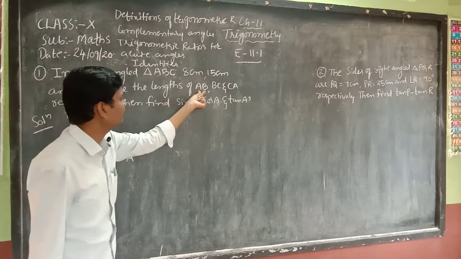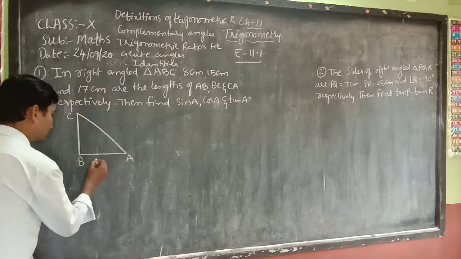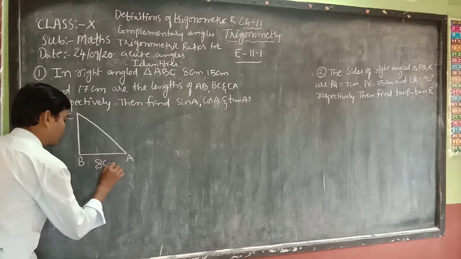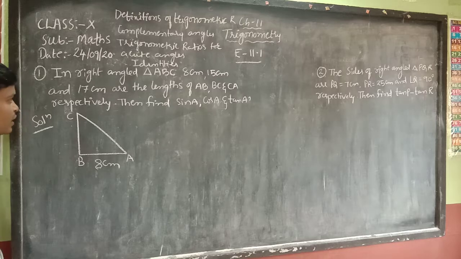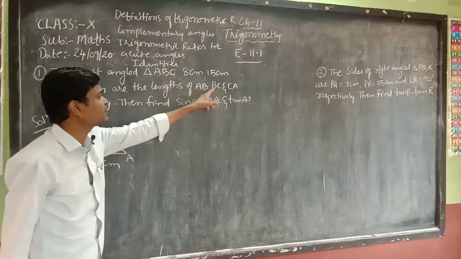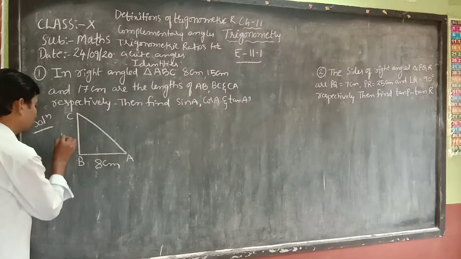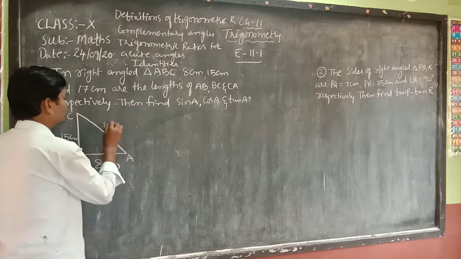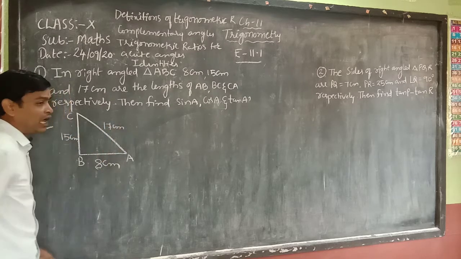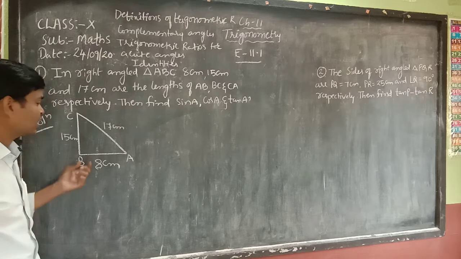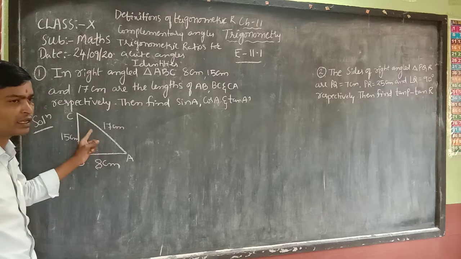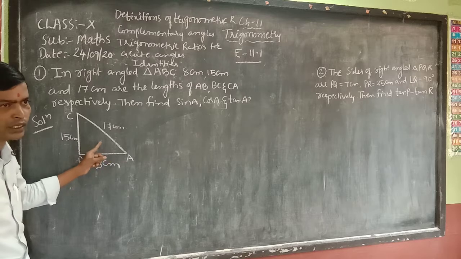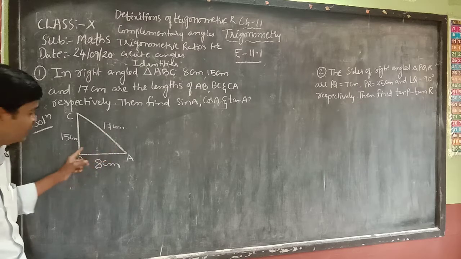What is the length of AB? 8 centimeters. So AB is 8 centimeters and BC is 15 centimeters and CA is 17 centimeters. Earlier we have studied that the longest side is the hypotenuse in the right angled triangle.